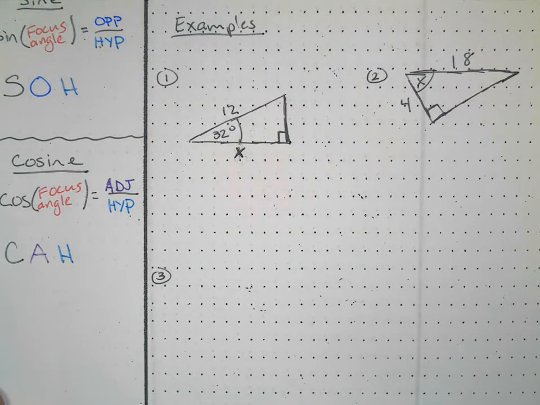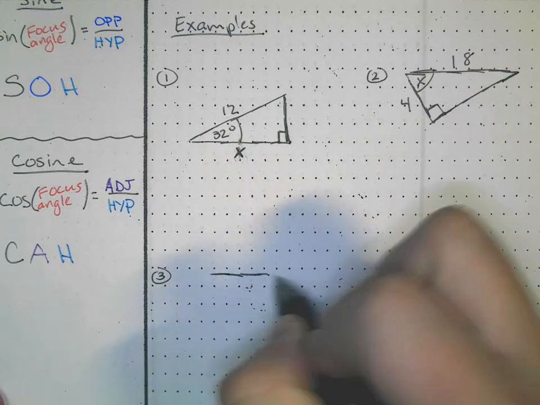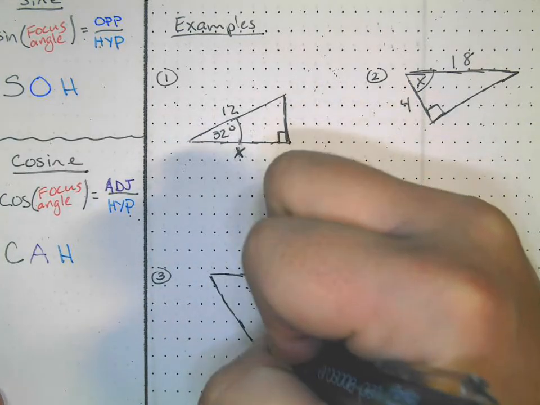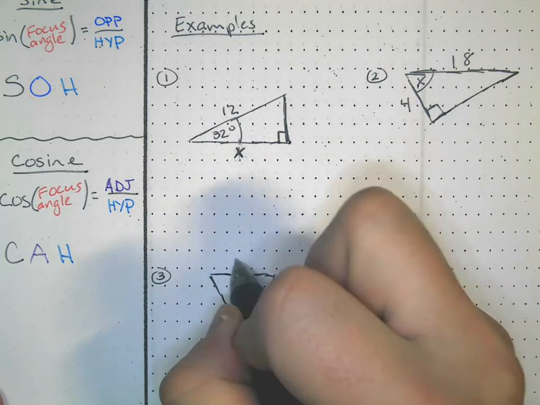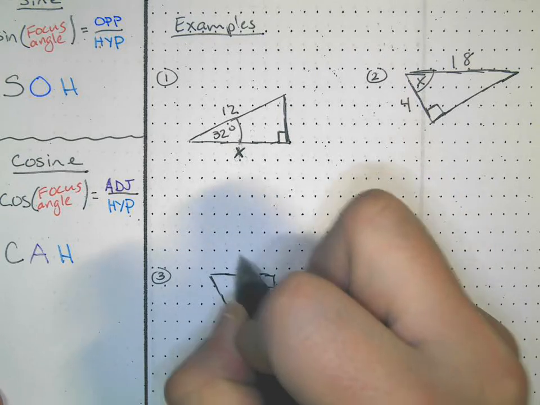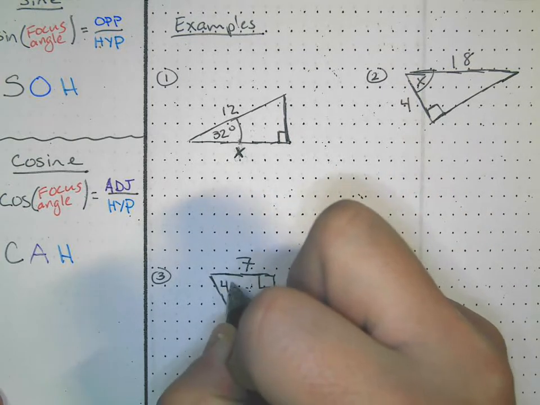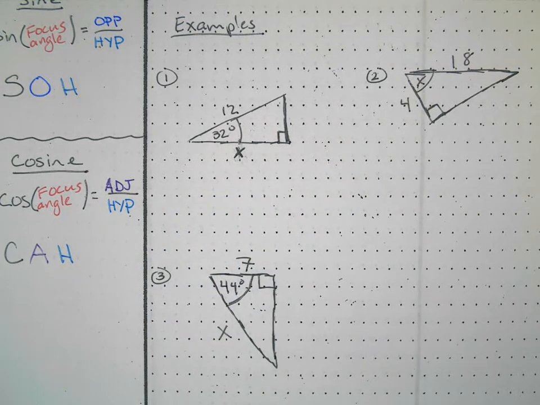And for our third example, we will do this. Like so. So these are the 3 examples we'll do.